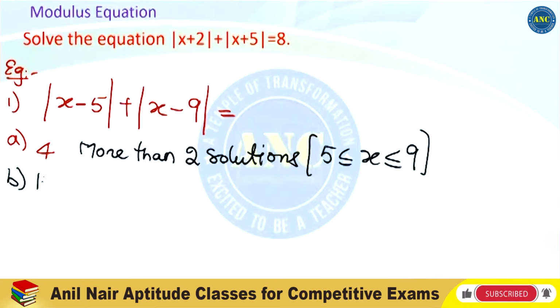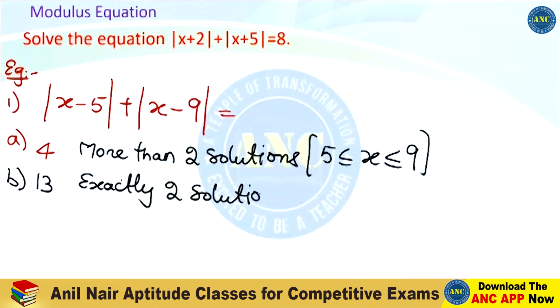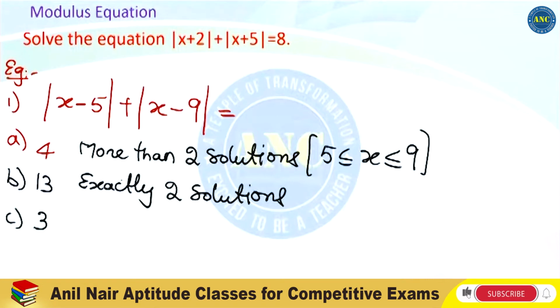Suppose it is 13. Then A at point 5 will go towards B at point 9, and from there it will travel further. So I will get exactly 2 solutions. You can calculate the solutions later. If it is 3, with 5 to 9, I will get no solution.